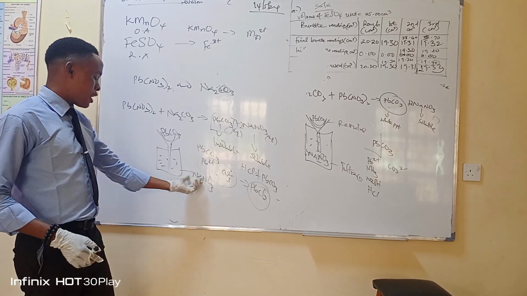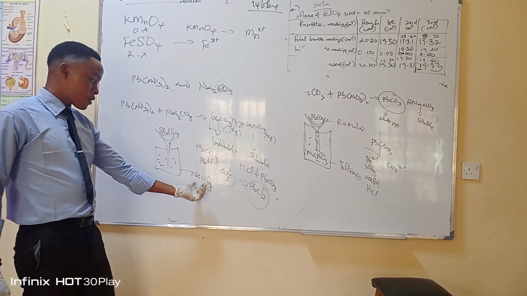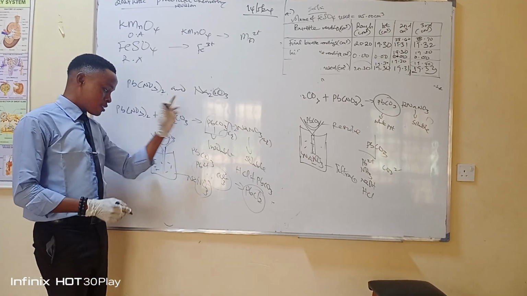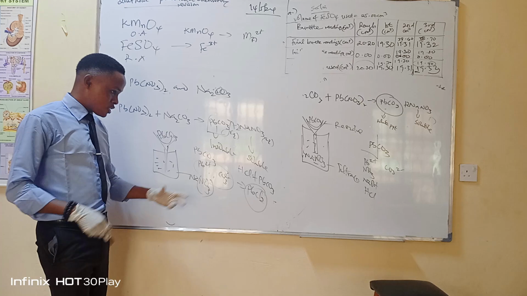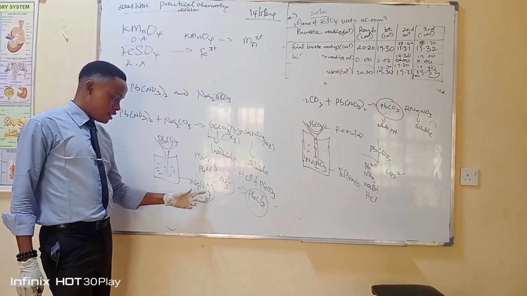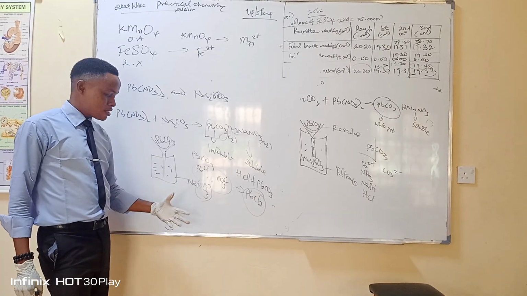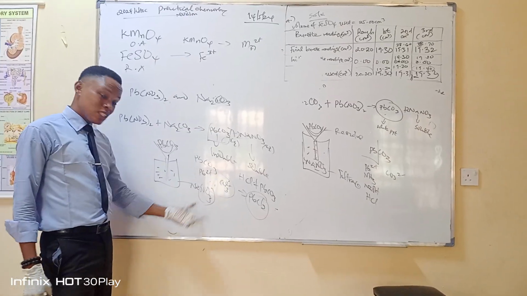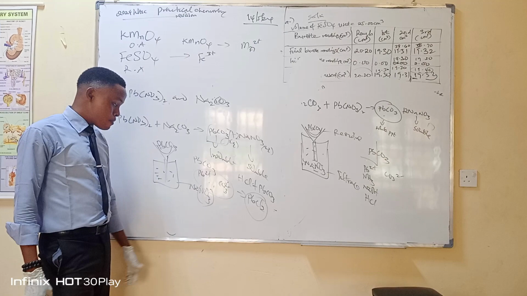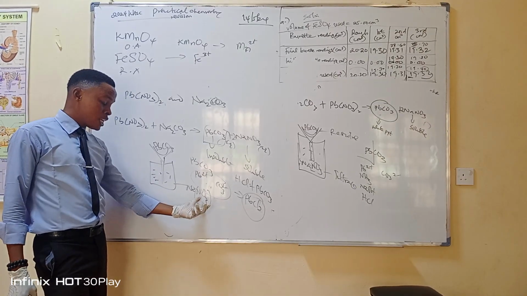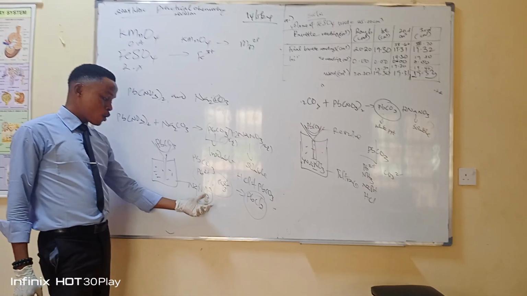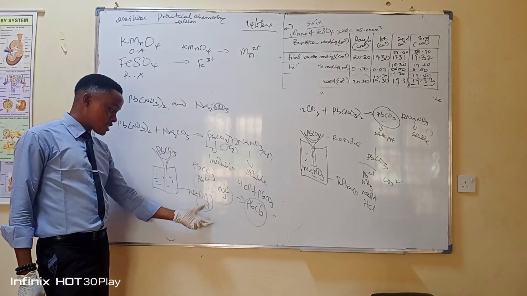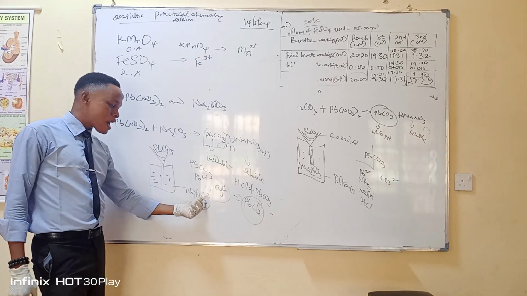Then you'll be asked to test for trioxonitrate 5 ions, which is what people call the brown ring test: iron 2 sulfate and concentrated H2SO4 with the unknown salt. They might also ask you to test for oxygen gas, because if you heat this compound, oxygen gas will evolve, which is colorless and odorless.